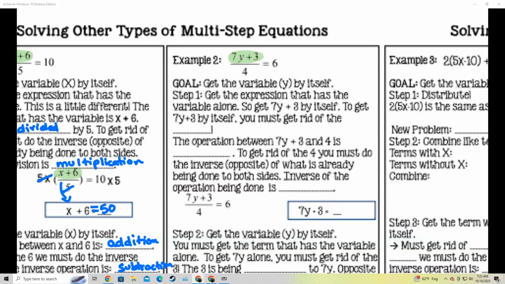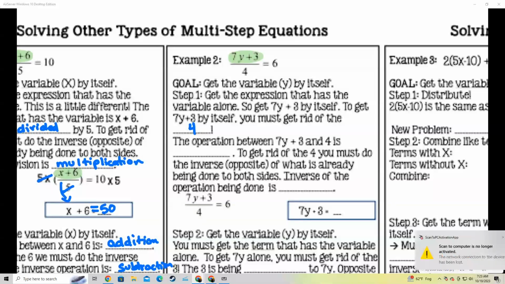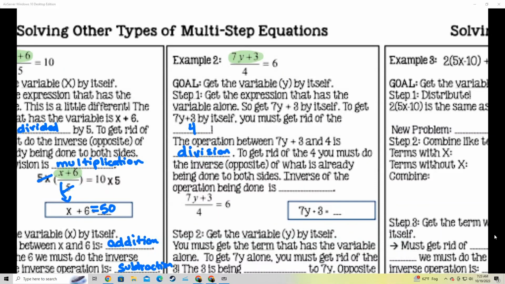To get the 7y plus 3 by itself, you must get rid of the 4. The operation between 7y plus 3 and 4 is division. To get rid of the 4, you must do the inverse operation of what is already being done to both sides.